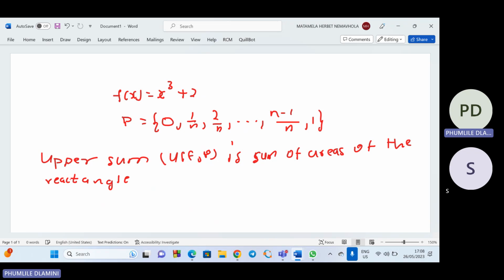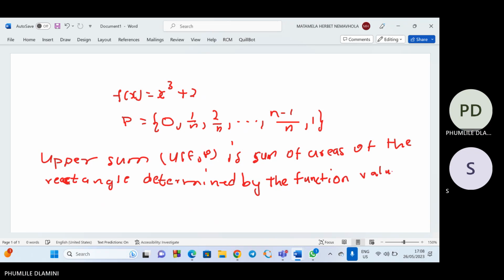determined by the function values at the upper endpoints of each subinterval.